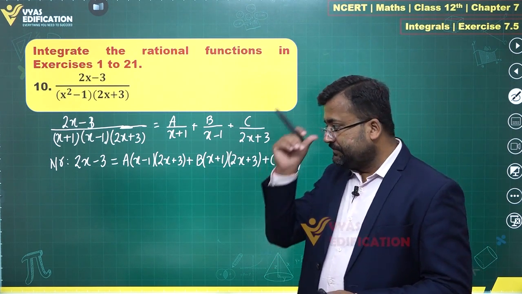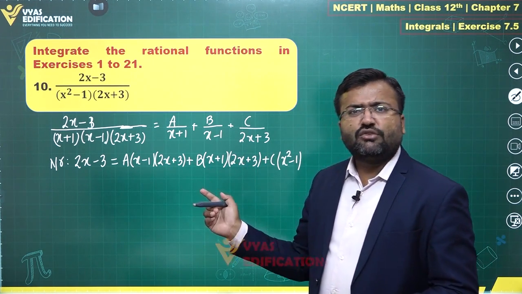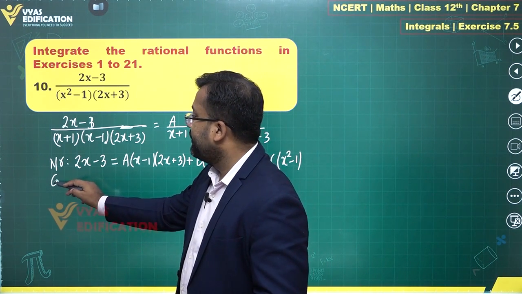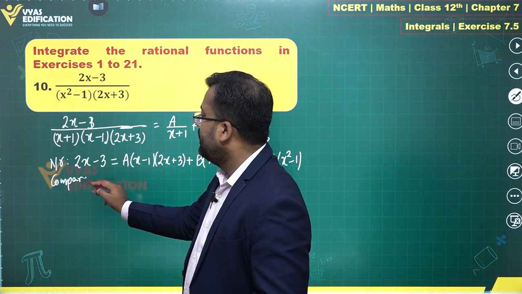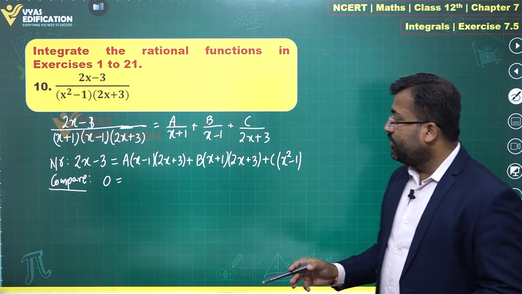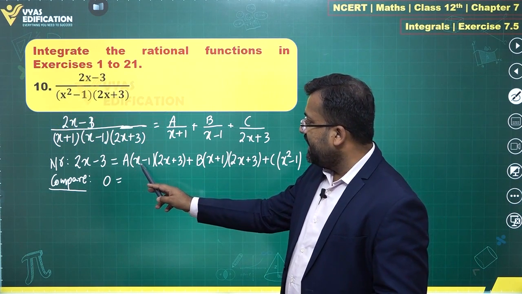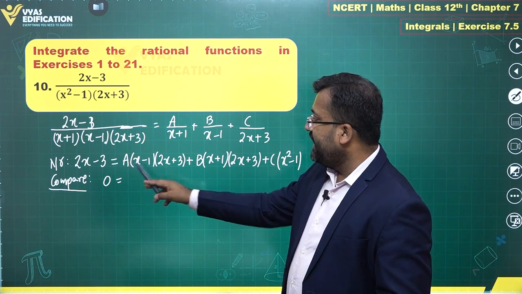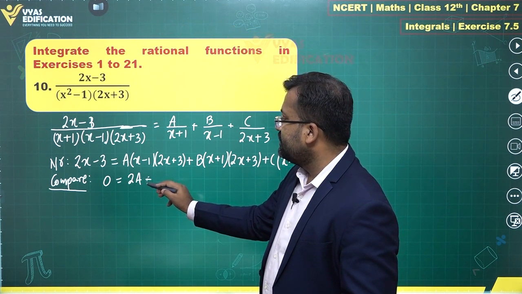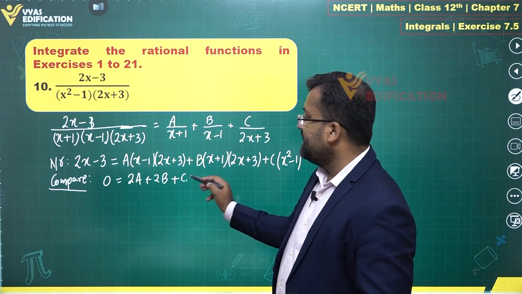Is that okay? Yes. Now we can compare the coefficient of x square, the coefficient of x and the constant term. So compare. The coefficient of x square is 0 on the left hand side. What about the right hand side? On the right hand side we have a times x times 2x, which is 2a x square. This is 2b x square. This is c x square. So 2a plus 2b plus c is what I get.